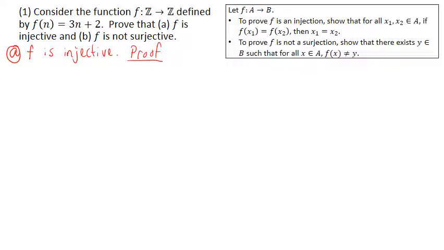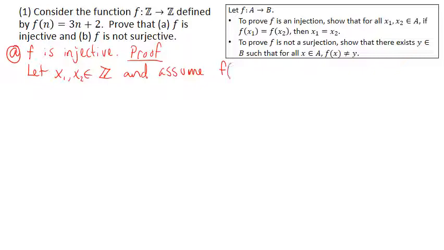I'm going to let x1 and x2 be elements of the domain, so elements of the integers. We're trying to prove an if-then statement, and to prove an if-then statement, you assume that the if part is true.